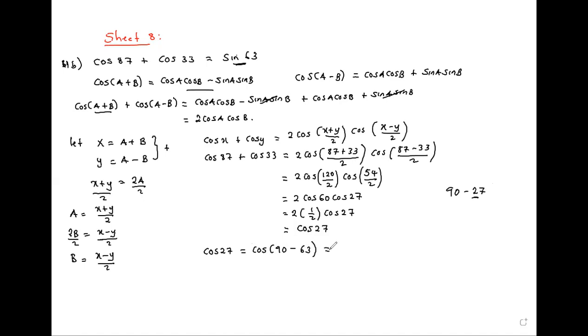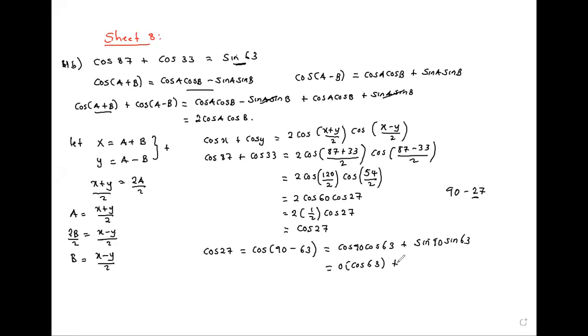And then do the expansion: cos 90 cos 63 plus sine 90 sine 63. Now cos 90 is 0, so we get 0 by the unknown cos 63.